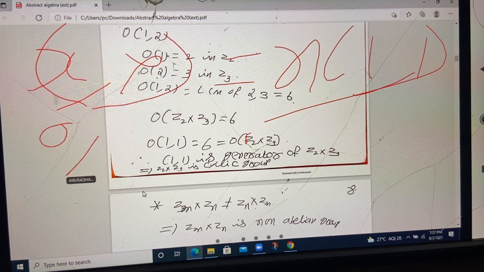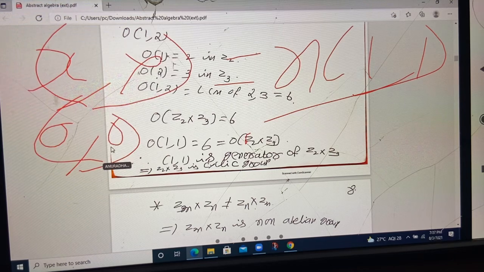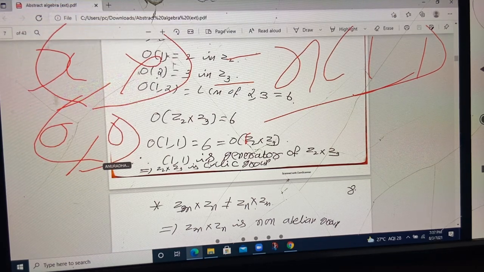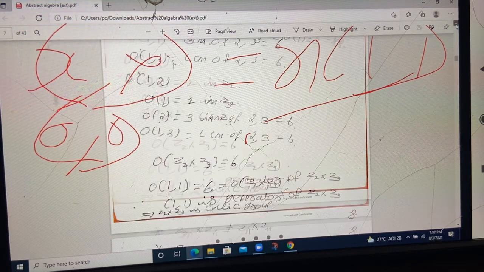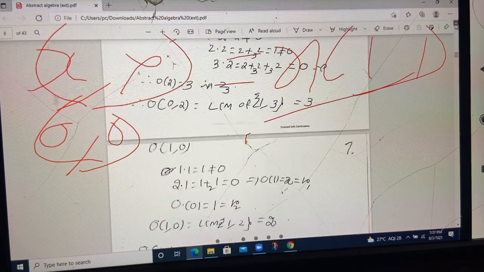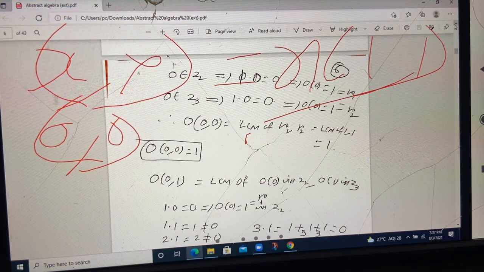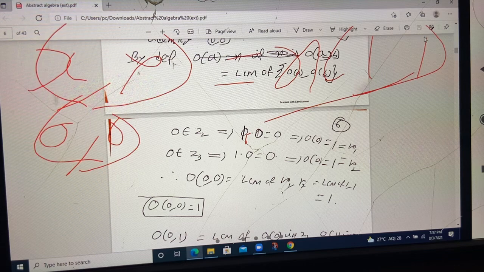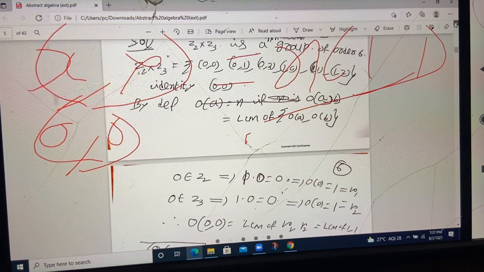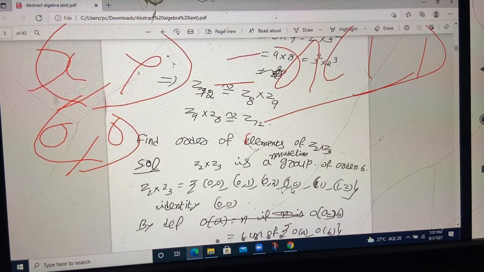(0, 0) is an element in Z2 cross Z3. What are the elements of Z2 cross Z3? We have seen the elements are (0, 0), (0, 1), (0, 2), (1, 0), (1, 1), (1, 2).